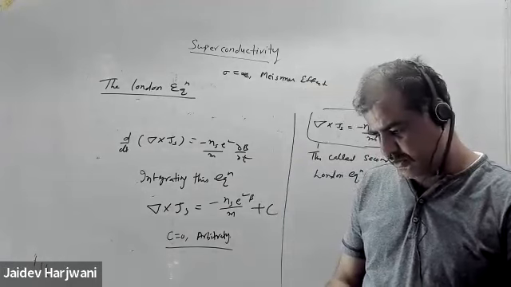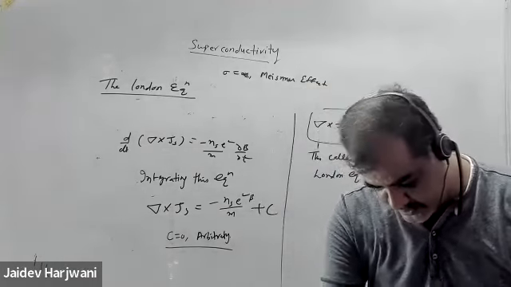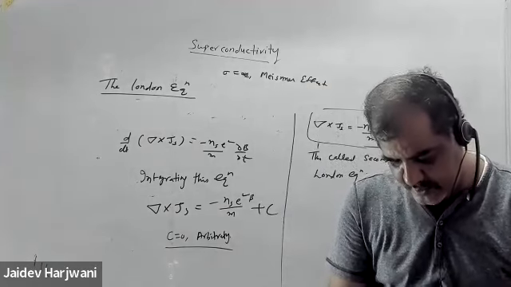Now how can we explain the Meissner effect using these equations?